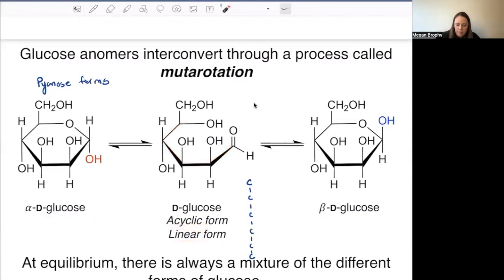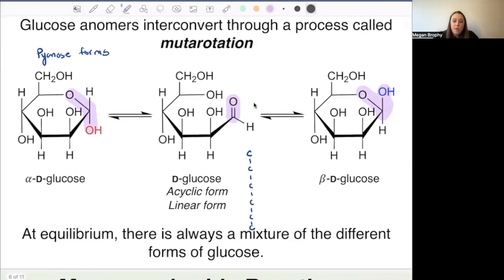And so we have an acyclic form where we restore the carbonyl from our anomeric carbon, and then the ring can reclose. The hydroxyl group can go either up or down. And so we can make the beta anomer of our pyranose form. So at equilibrium, there's always a mixture of the different forms of glucose. Here we very selectively just chose the pyranose forms. They can also interconvert between the alpha and beta furanose forms as well.